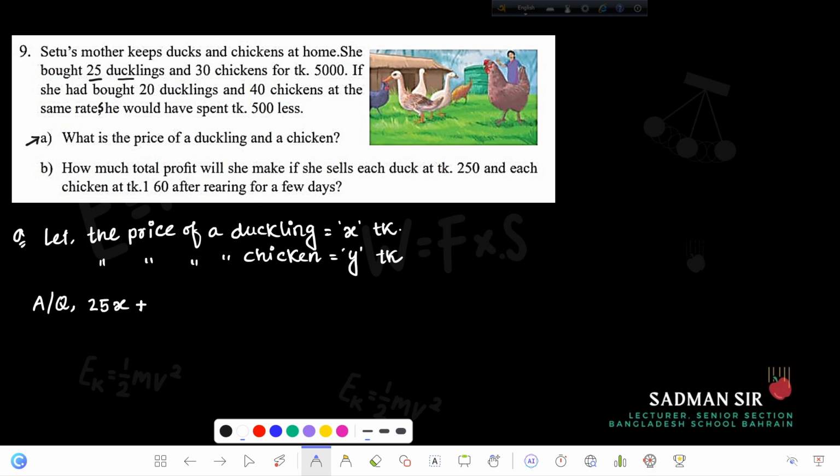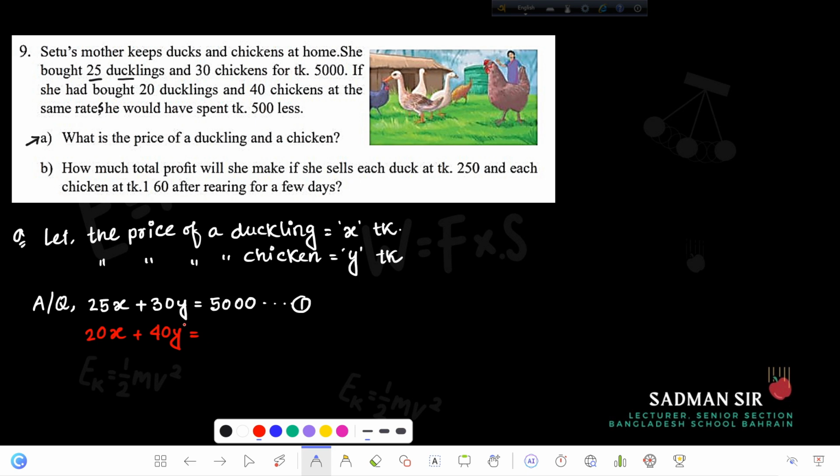And then she bought 30 chickens. One chicken is Y, so 30 chickens will be 30Y. The total cost is equal to 5,000 as given in the question. That is our equation number 1. Now, equation number 2, from the information in the second line: if she had bought 20 ducklings, one duckling is X, so 20 ducklings will be 20X, and 40 chickens will be 40Y.